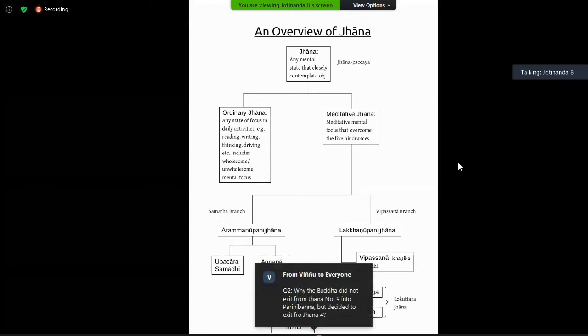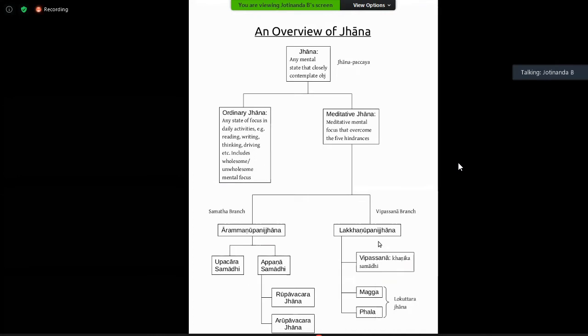Then on the other side, the Vipassana branch, you have lakkhana anupanijjhana, close contemplation of the characteristic. This includes Vipassana itself, insight itself, because when insight arises, it closely contemplates the nature of impermanence, suffering, and non-self, the samanna lakkhana, the universal characteristics.